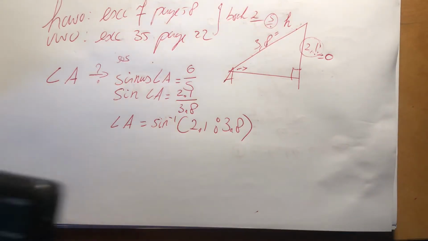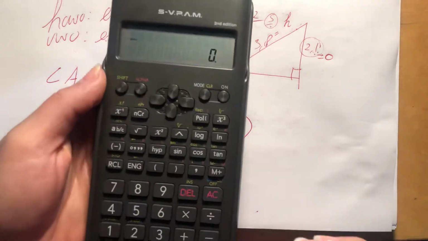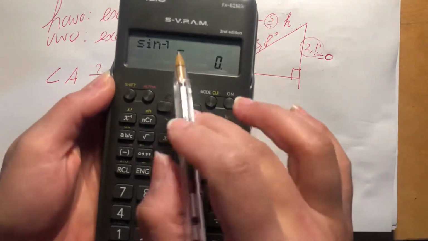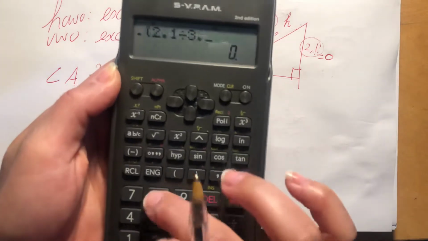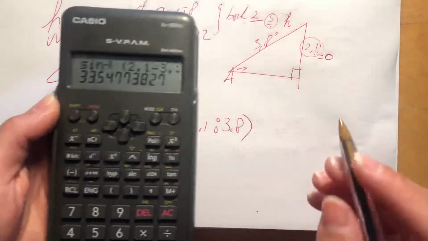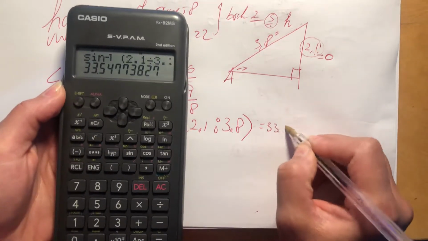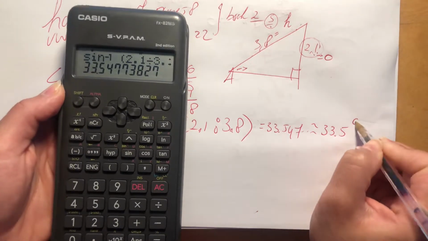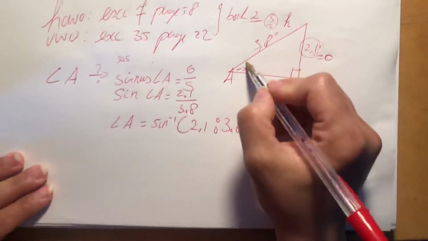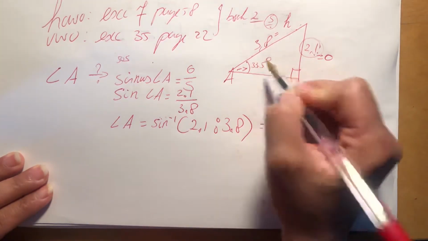You grab the calculator, shift, sine, you see it there, the inverse of 2.1 divided by 3.8, and then you get 33.547. We want 1 decimal, 33.5 degrees. So apparently this is 33.5 degrees.